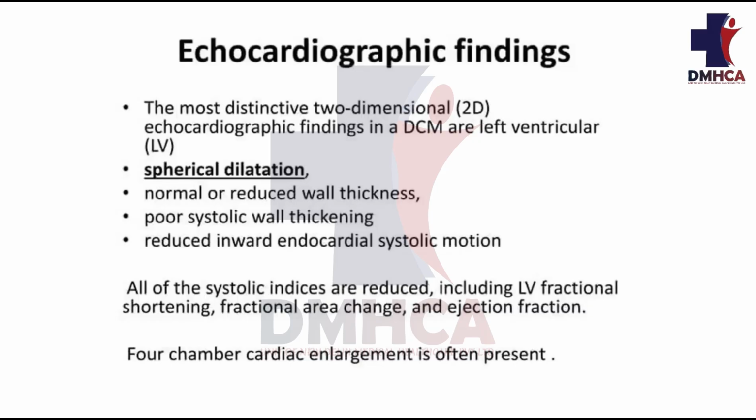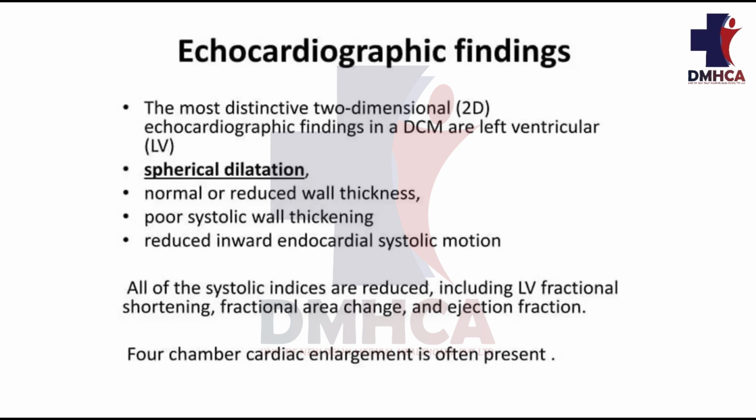On 2D echocardiography, there is spherical dilatation, the LV is totally dilated, and the EF is reduced. But the wall thickness is normal, or reduced a little bit. In ischemic cardiomyopathy, wall thickness is reduced; in dilated cardiomyopathy, wall thickness may be normal.